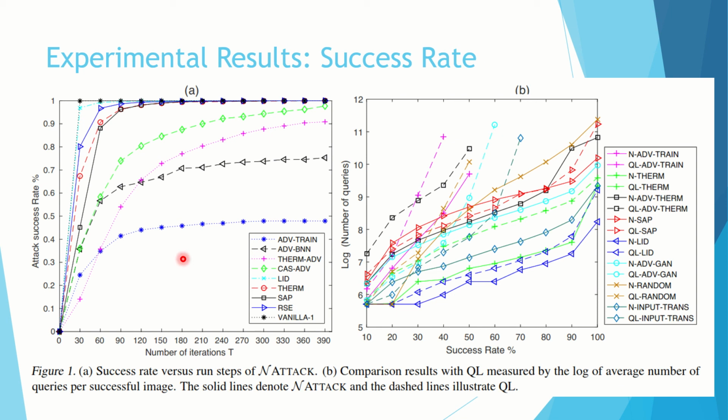And you can see the attack success rate for N attack is very good, except for some defense methods such as adversarial training. And in this diagram, you can see the N attack as a solid line, and the dashed line represents QL. And you can see the N attack is a more efficient method in attack success rate.